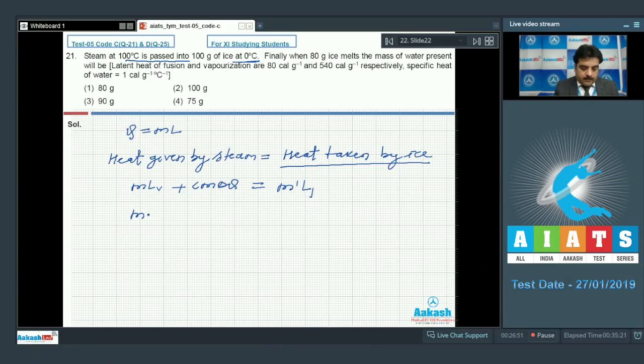Now m, because you know the value of L_V, as I said, 540, plus mass is required, and c is 1. Temperature difference will be 100 because steam is passed in at 100 degrees centigrade, according to the problem. That is equal to 80 into 80, according to the problem; this is L for ice, 80.